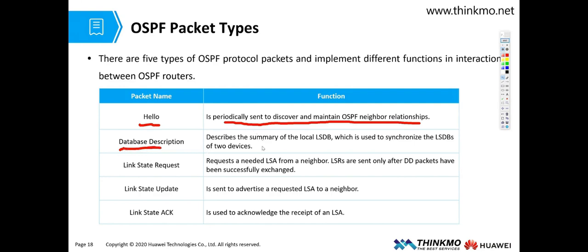We all use this hello packet and our DD packet. It describes the summary of the LSDB to synchronize the databases of our 2 devices. For example, in the future, if you want to establish this kind of close friendship or neighbor relationship with someone, you hope to tell them some things you know, and they also hope to tell you some things they know. It's like you have many books in your hand, and they also have many books in their hand.